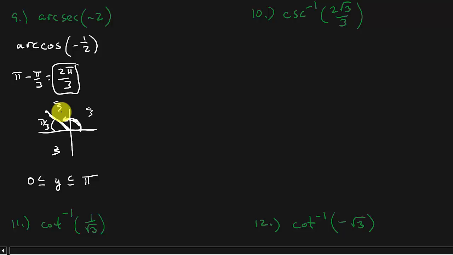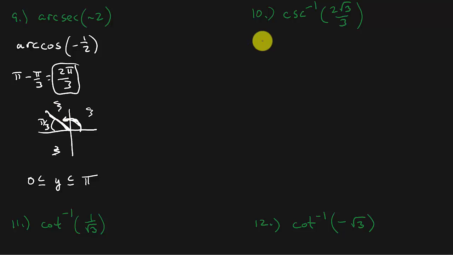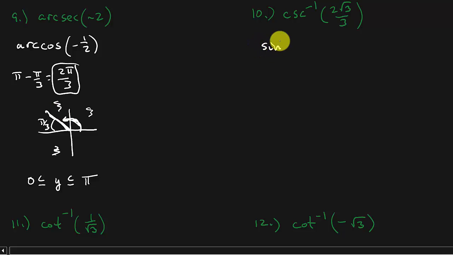All right, let's look at cosecant. The same rules apply for cosecant as for sine. So we've got arcsine of 3 over 2 square root of 3, and then I rationalize the denominator. That's going to be inverse sine of 3 square root of 3 over 2 times 3.